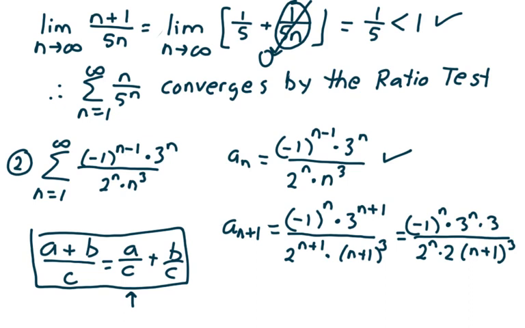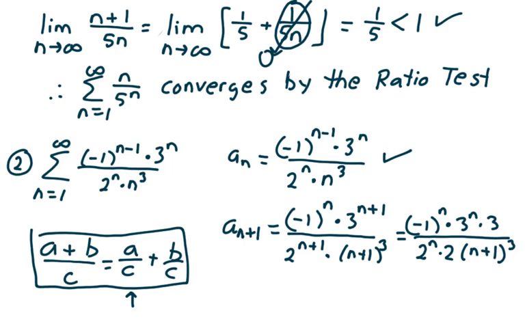So a sub n plus 1 can be found again by replacing the n with n plus 1. When we do that, we get negative 1 to the n times 3 to the n plus 1 divided by 2 to the n plus 1 times n plus 1 to the third.